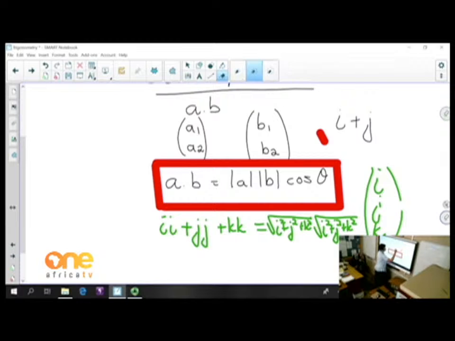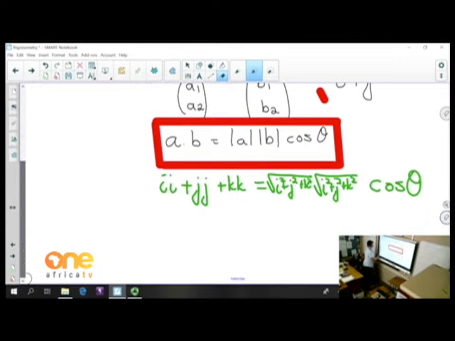And then we have to find that angle. We actually want to find the angle between 2 vectors, cosine theta. So this is the meaning of A dot B is equal to magnitude A, magnitude B, cosine theta. Now let's look at an example, and then you will understand it better.